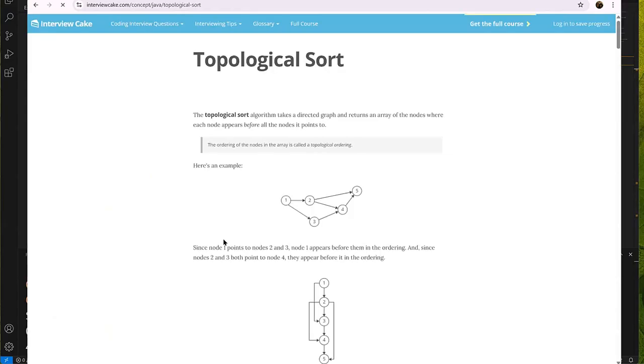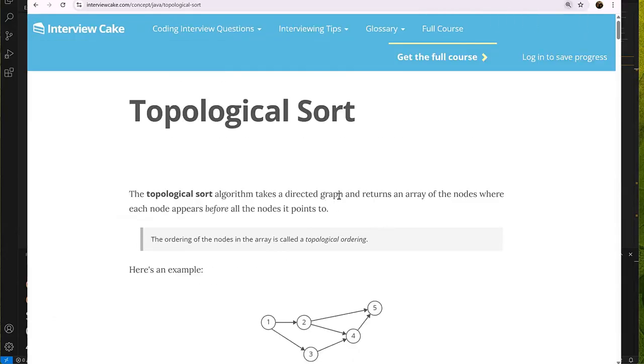Okay, topological sorting is another problem, the second problem that we will look at today. Topological sorting takes place in a directed graph and returns an array of nodes where each node appears before all the nodes it is pointing to. So this is called a topological sorting.